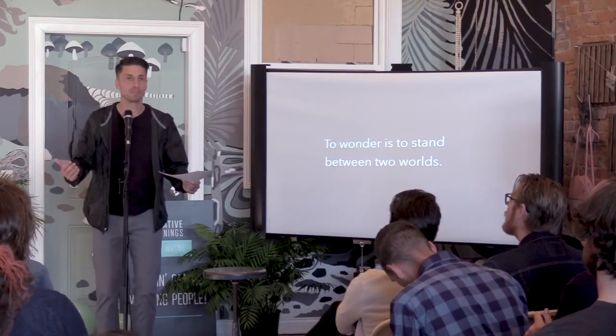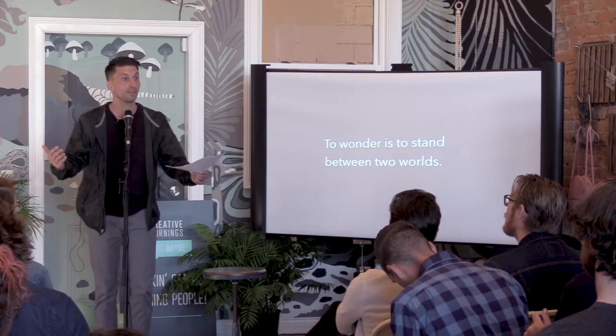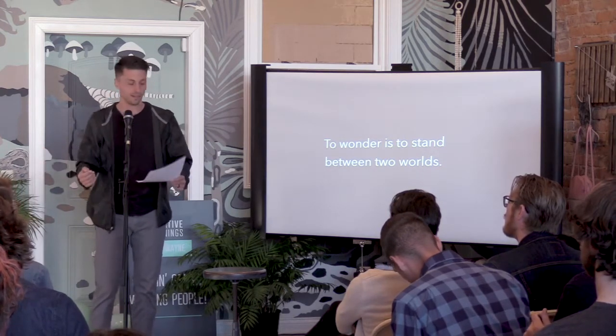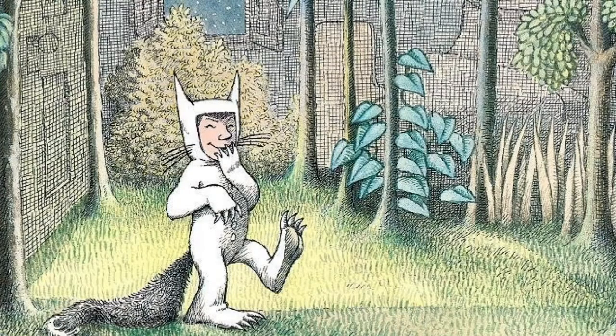Maybe you remember this scene in the famous book and movie adapted by Spike Jonze, Where the Wild Things Are. Anybody a fan of that? Go ahead and flip through there. So here's Max, in his room, right? And this is what wonder looks like from a kid's perspective. Next, the bedroom begins to change.